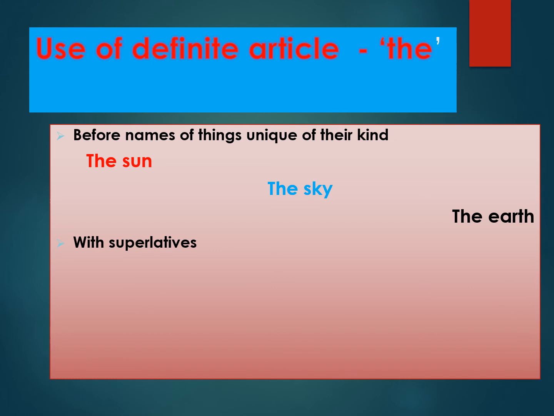The definite article the is used before superlatives. Students, do you remember superlatives? Superlatives are the form of an adjective or an adverb that expresses the highest or a very high degree of quality.